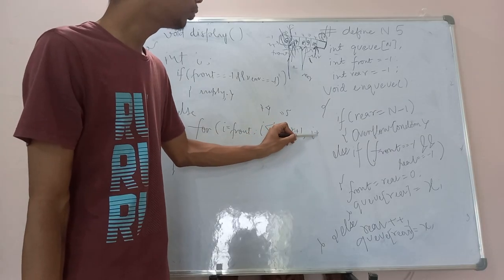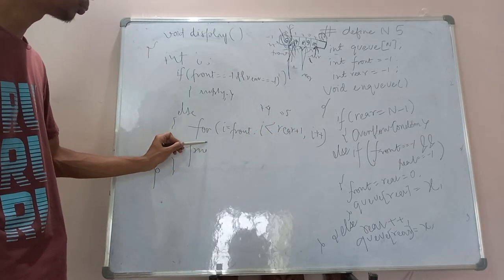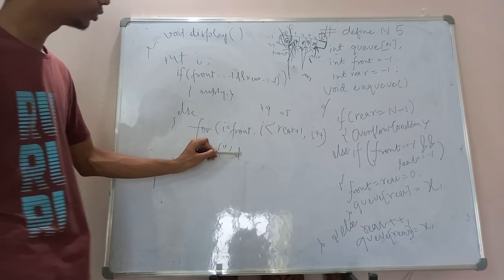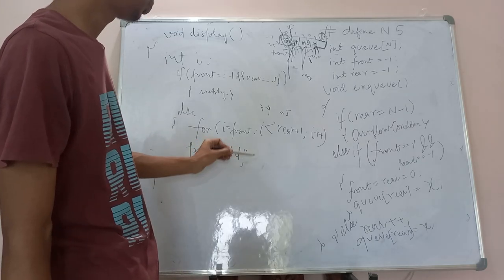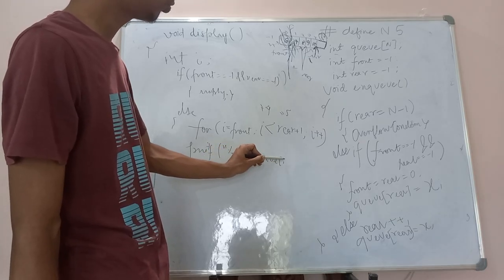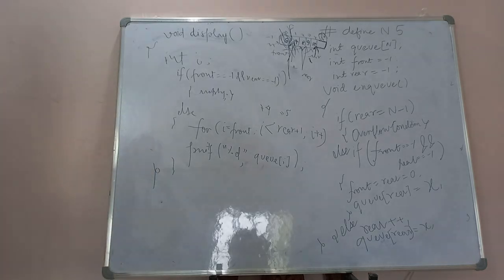So here I will be doing i plus plus, right? And I will be printing printf percentage d, q of i, right? This is what I will print, right?